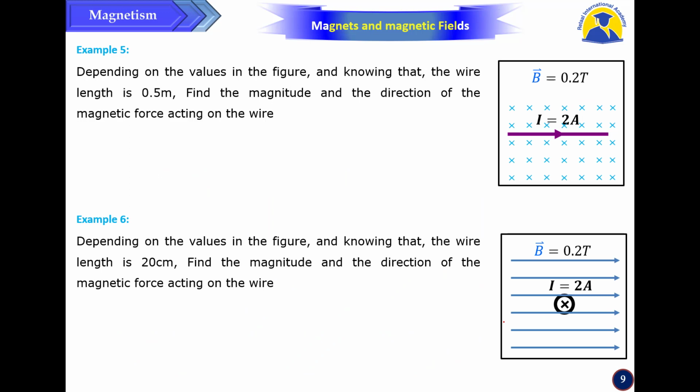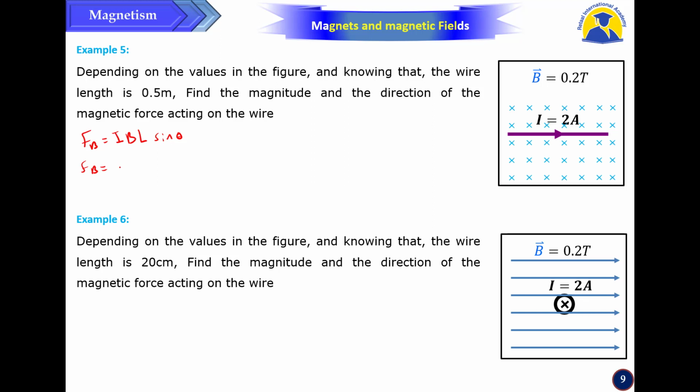Okay. Example 5. Depending on the values in the figure and knowing that the wire length is 0.5 meter, find the magnitude and the direction of the magnetic force acting on the wire. Okay, FB equals I B L sine theta.